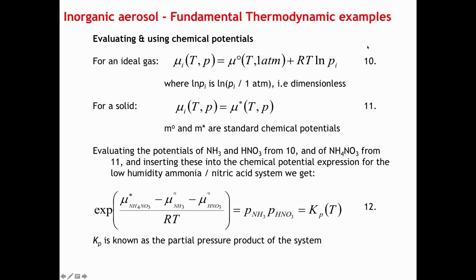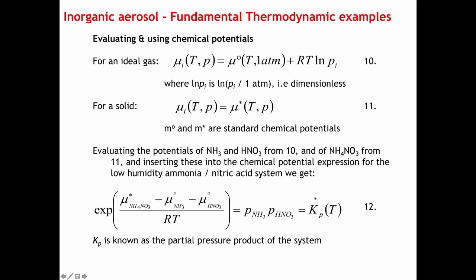Where the Pi here is the P of ammonia times the P of nitric acid. So this is the pressure of ammonia and pressure of nitric acid expressed in terms of the standard potential of ammonium nitrate, the standard potential of ammonia and the standard potential of nitric acid. And that is a constant.